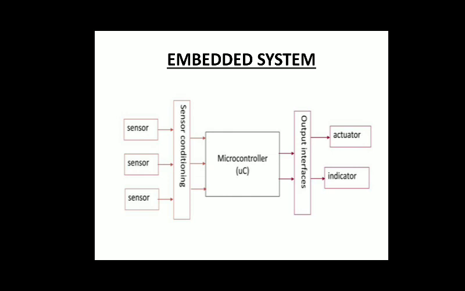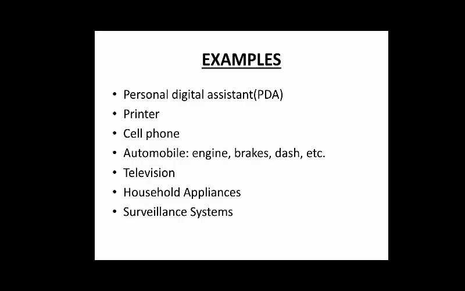The microcontroller, after calculating on the inputs, produces outputs, and those outputs give signals to the actuators, and the actuators control the system for which the embedded system is employed.